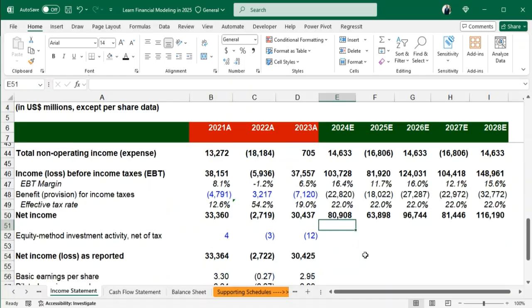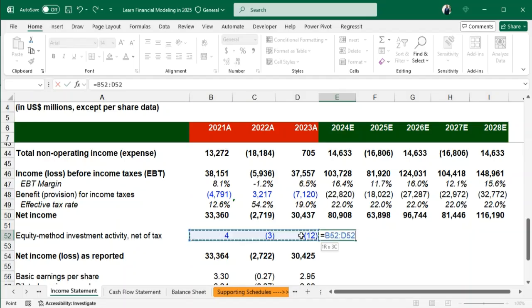Then let's come to equity method investment net of tax. This is also something that is very difficult to project. So we can repeat the cycle method here.